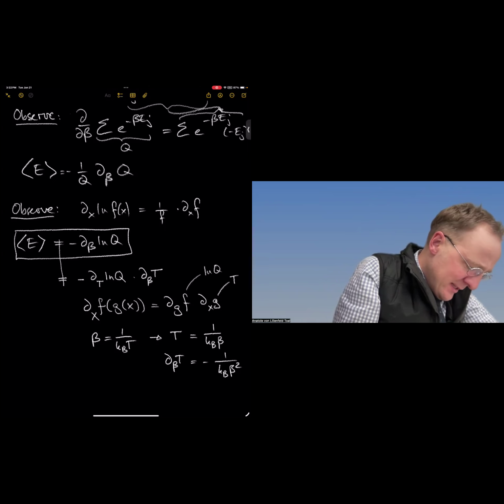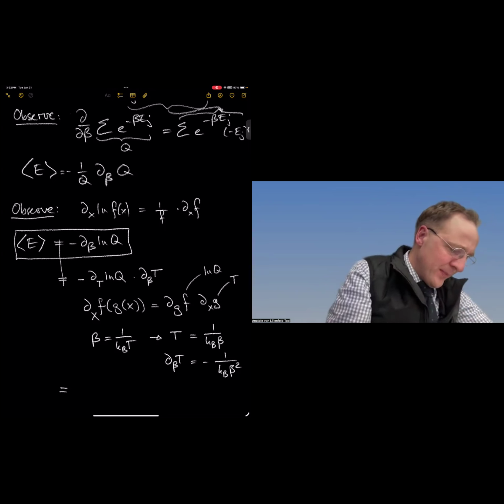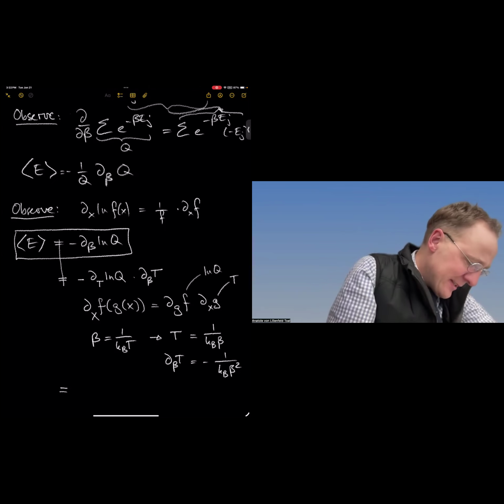So what happens then to my derivative, if I insert my derivative of T with respect to beta, is that I get rid of the sign.